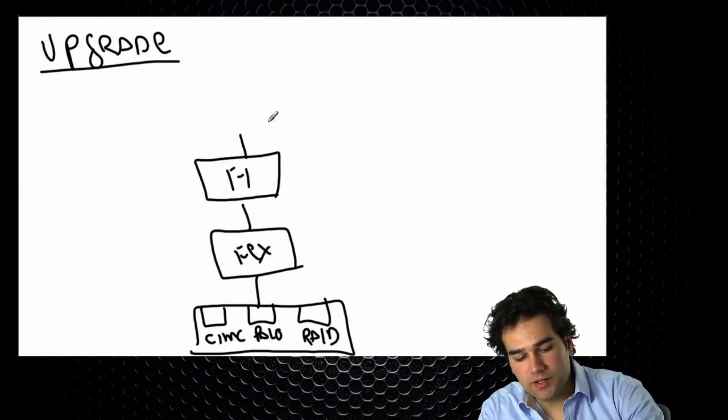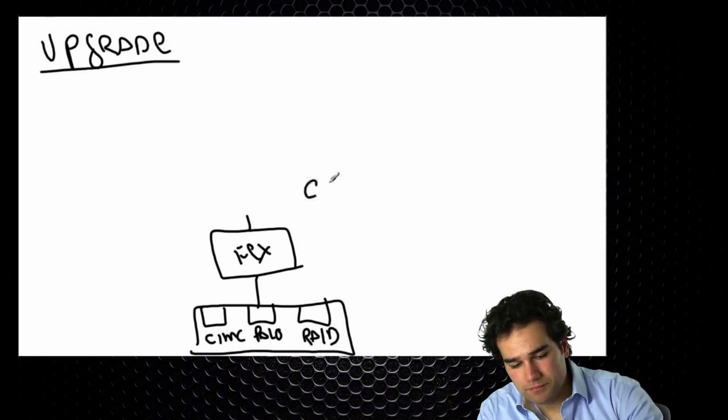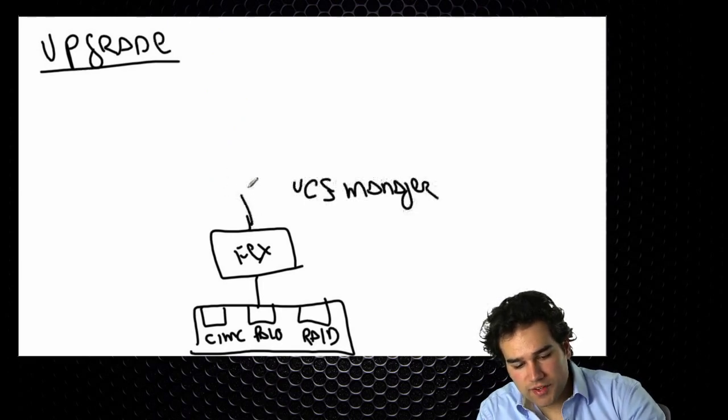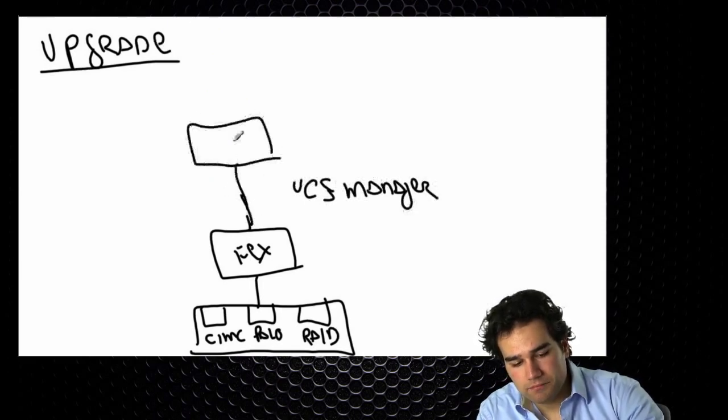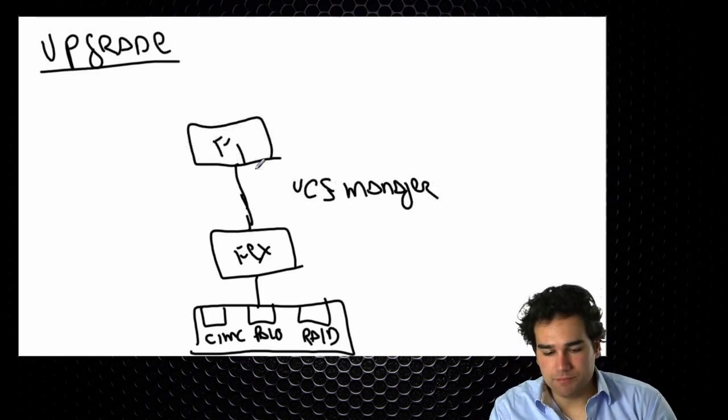And the Fabric Interconnect is managed by, wait a second, I need to insert something in between. Everything is managed through the UCS Manager. And of course, the FEX connects to the Fabric Interconnect. This is the order in which I'm going to upgrade my system.